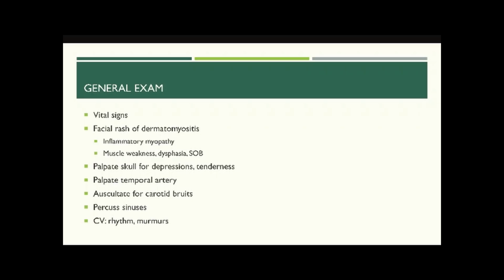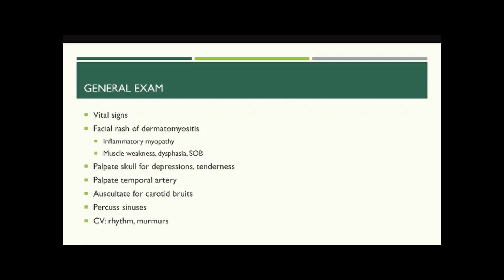Turbulence. If you have turbulence, what does that mean you have in the vessel? Obstruction, plaque buildup. Remember, plaques are not uniform, so they cause obstruction of flow, and you hear noise. If you have very high bruits, it means you have a lot of plaque. What is the risk of happening to those plaques? They can break, and if they break, where are they going? Causing a stroke. So you listen for those things.